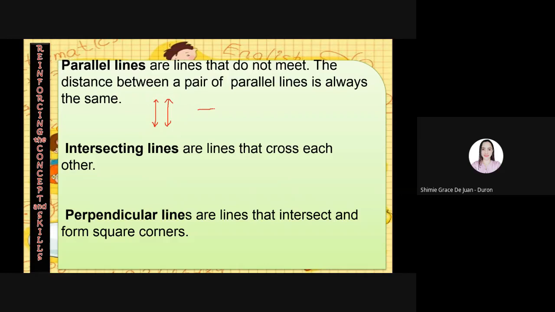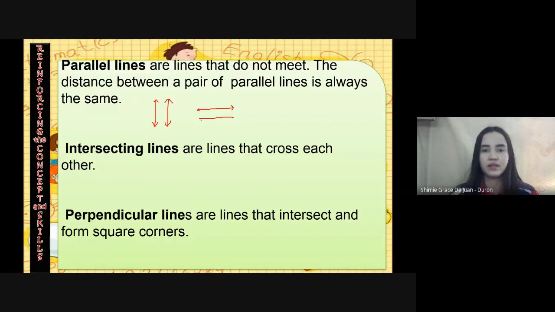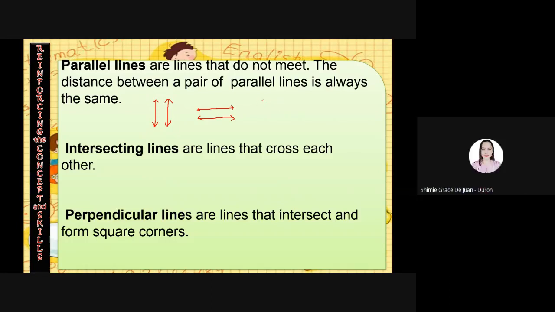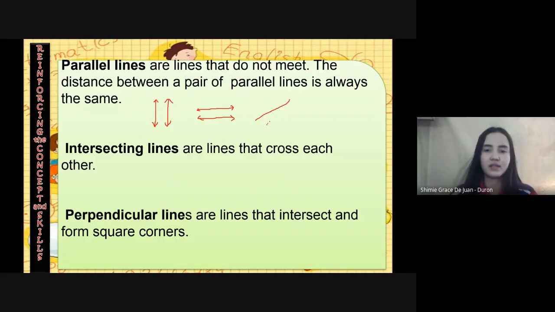And there is also a horizontal parallel lines. Or for example, the parallel lines are vertical, right? This one is horizontal. We also have diagonal parallel lines like this.